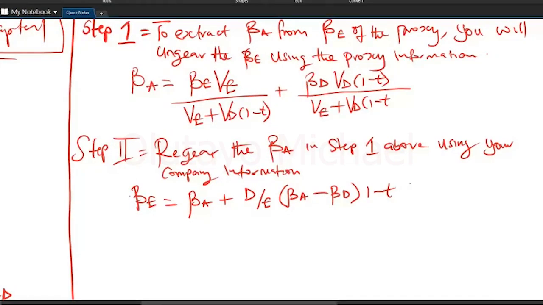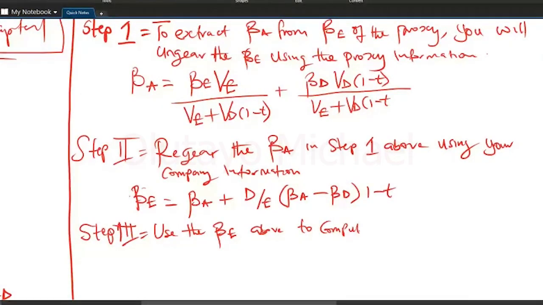And the last, step three. Step three is, let me say, use the beta of equity above to compute cost of equity.